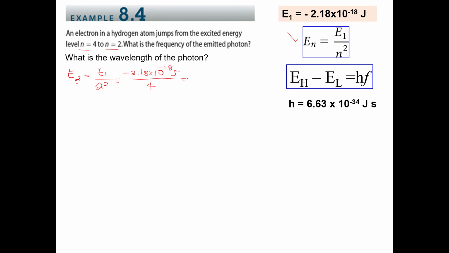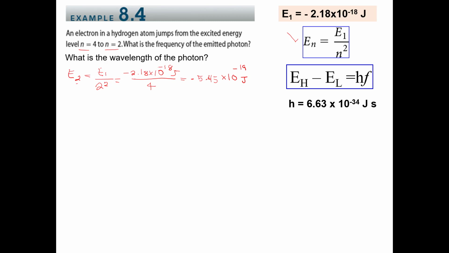And that energy equals, if we divide, negative 5.45 × 10 to the power minus 19 joules. This is for n equal 2.